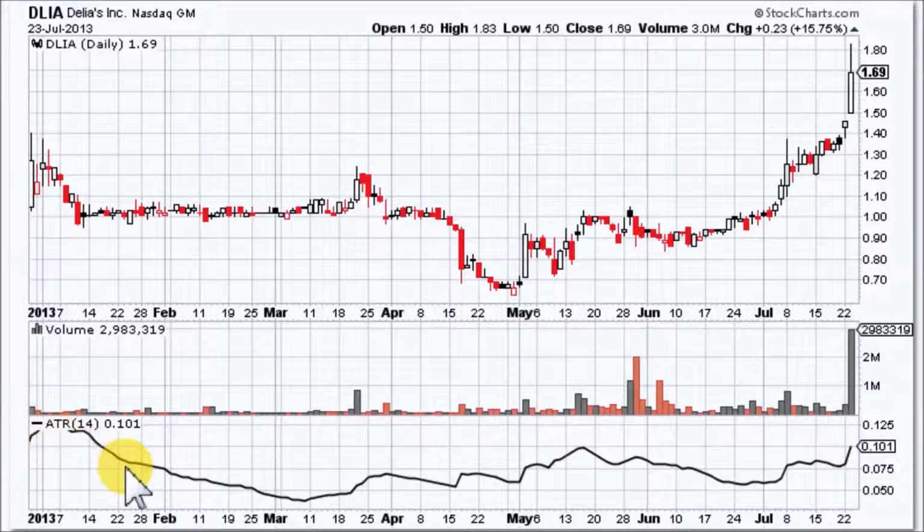Now let's go ahead and look at how the ATR works. Remember, it is an indicator that measures volatility. And as you can see right here, there was absolutely no volatility on this chart as the stock traded between about $1 and $1.20 or even $1.10. So ATR goes down.